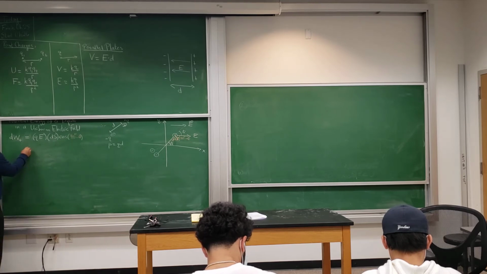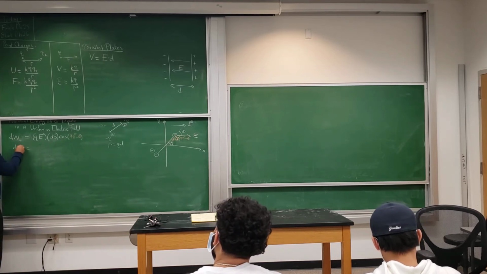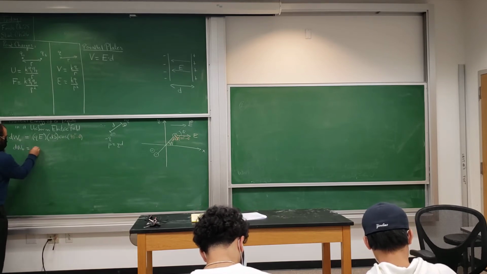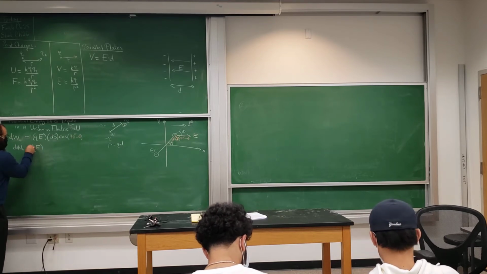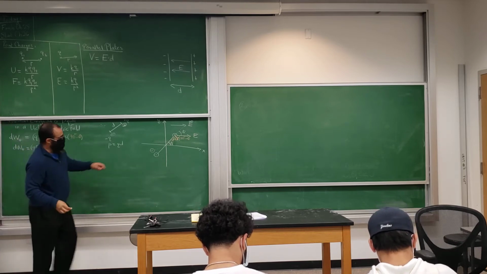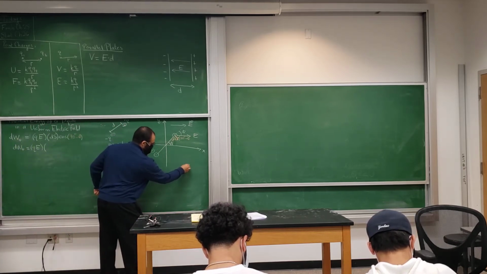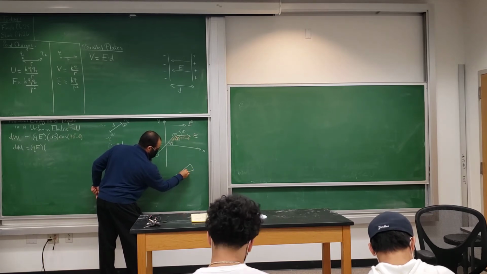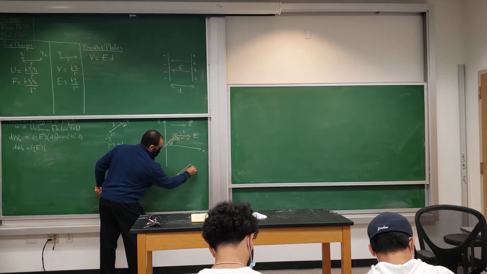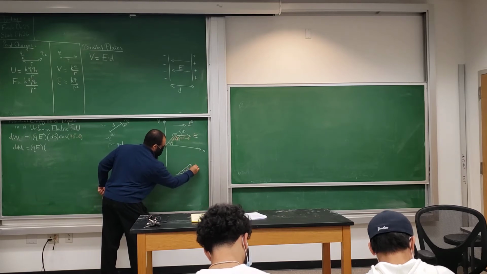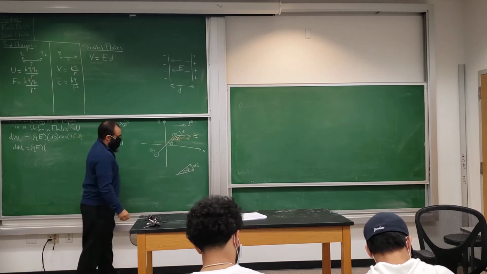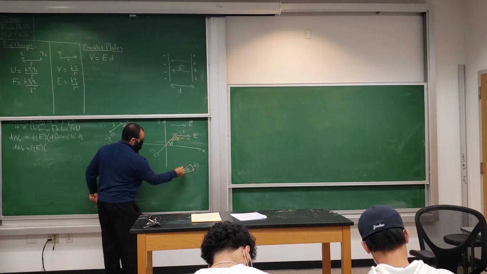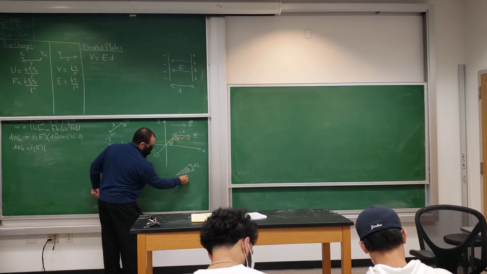Okay, so now dW plus is qE, let's leave it as qE. Now, what is ds? If you have an arc length, this is ds, this is d phi, and this distance from here to here is what?